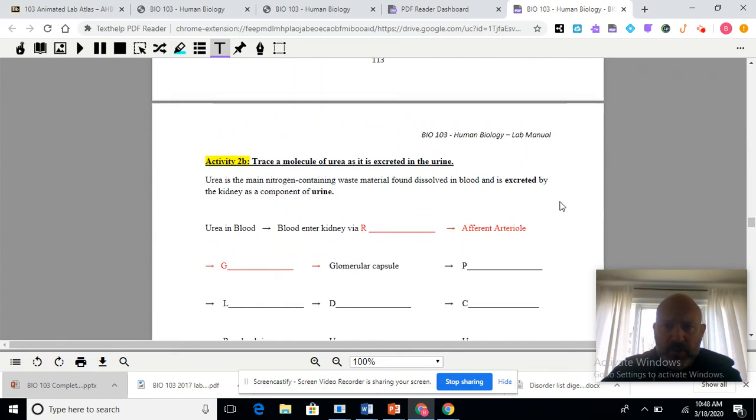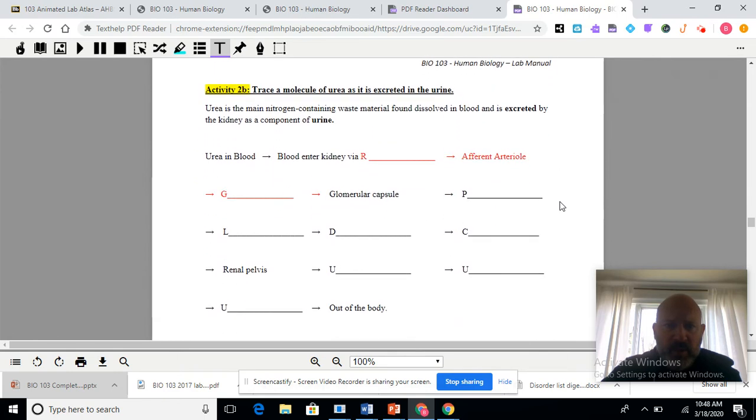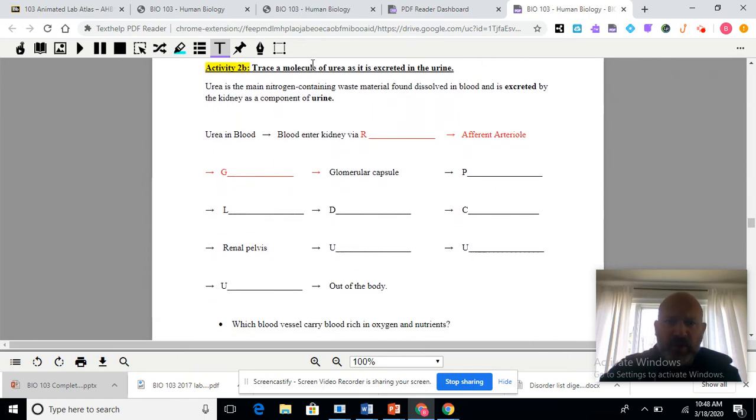All right. And now what do we have? We have this little puzzle. We're going to trace a molecule of urea as it exits in the urine. Urea is the main nitrogen-containing waste material found dissolved in the blood, and it's excreted by the kidney as a component of urine.